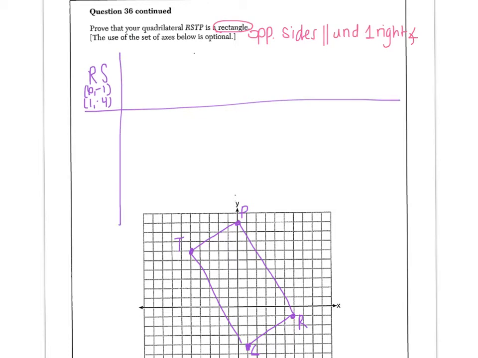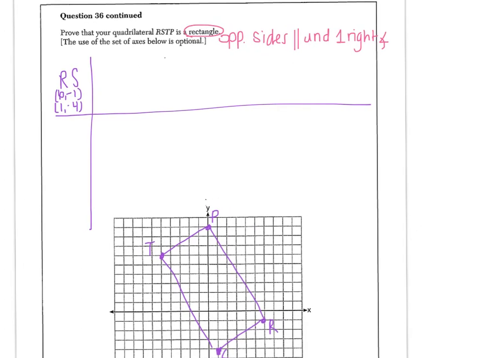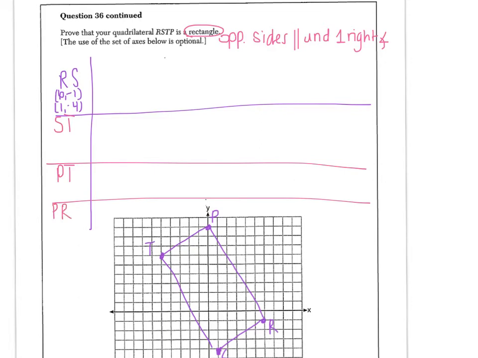So at this point, I'm going to suggest that you pause the video because I'm going to pause this, and then when you play the video again, you'll see all of my tables set up. With the next segment being ST, and then I'm also going to do PT and PR. And again, just listing those coordinates underneath.